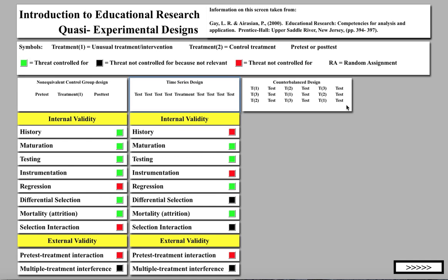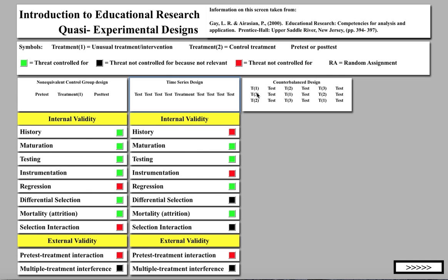This kind of design is well suited when intact groups of participants must be used and pretesting is not a viable option. This design is very susceptible to the threat of multiple treatment interference because each group is receiving multiple treatments.